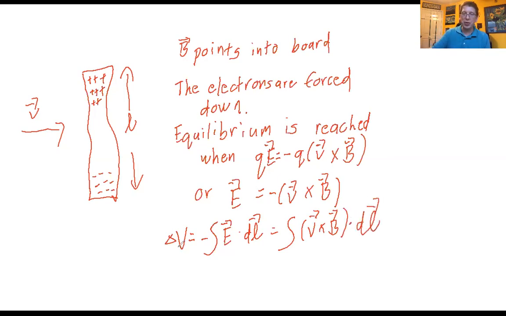And so that's the generalized version of this: the motional EMF is equal to the integral of v cross B dot dl. So there's a cross product and a dot product involved in this. So that's the generalized form of the motional EMF equation.